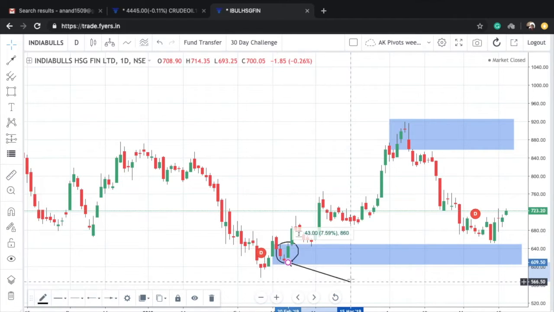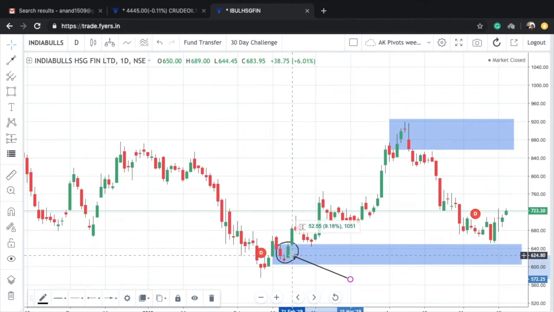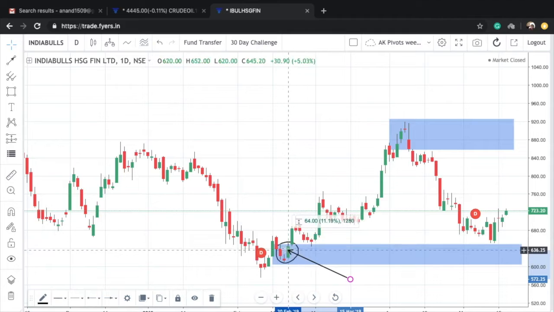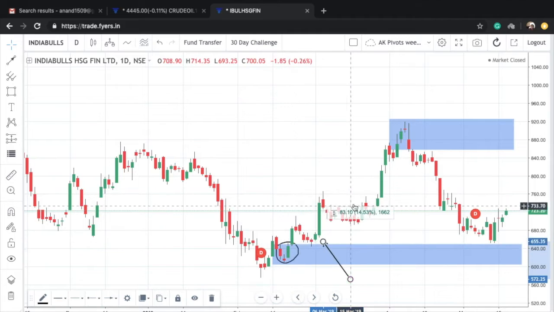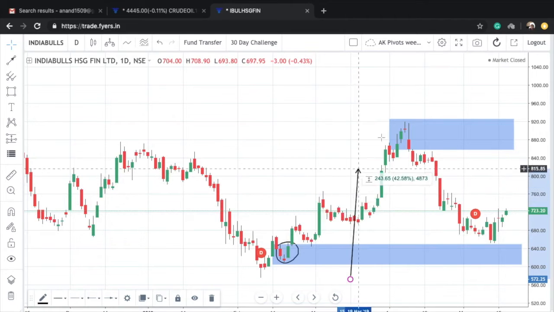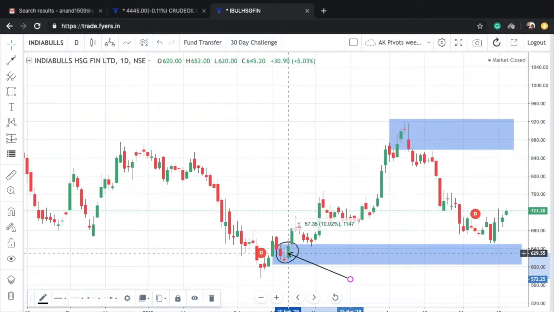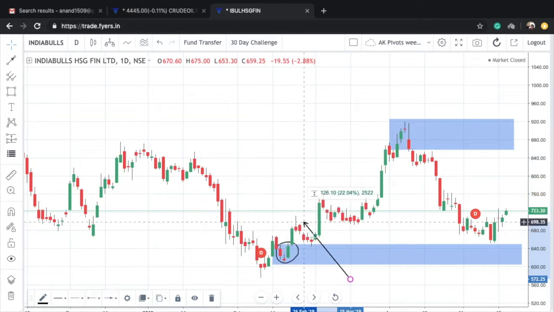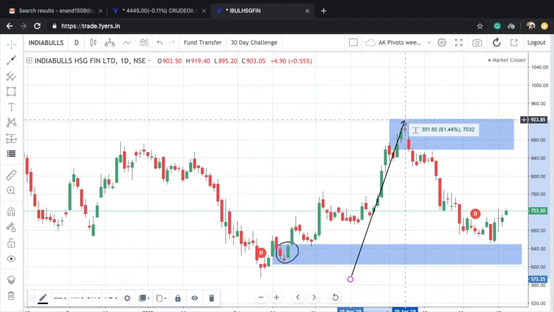All right, so you can see right there how there is a red candle, there is a doji appearing, and then a green candle coming up, and then you'll see a big up move which is happening on the stock all the way. It has moved up in price till almost 921. So this was a significant reversal point which made sure that there was a significant up move as well.